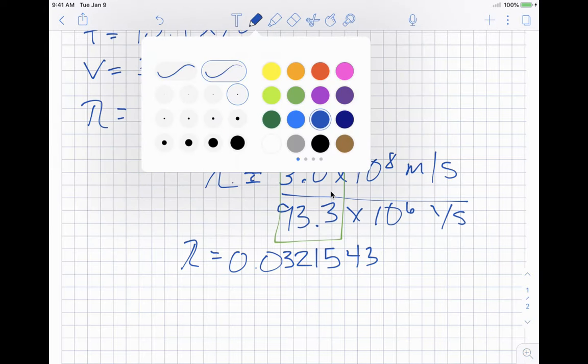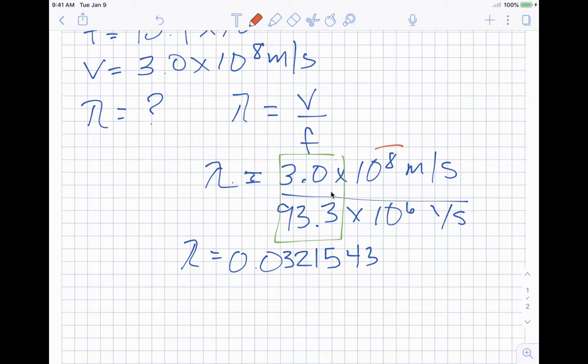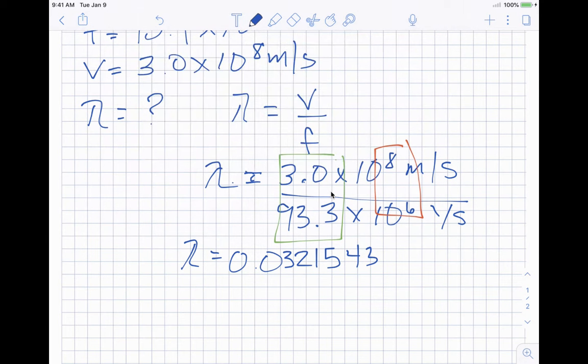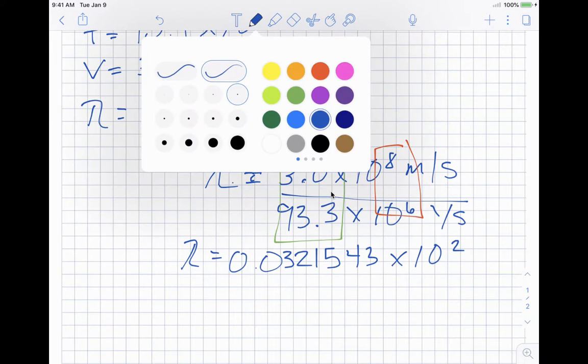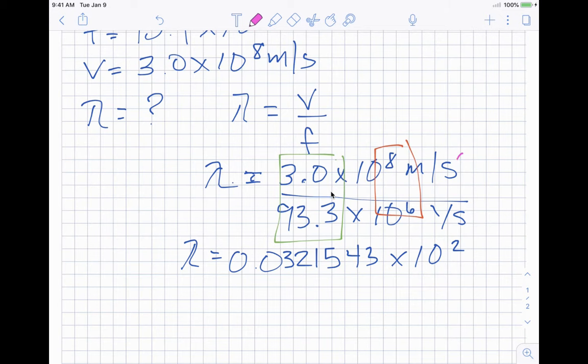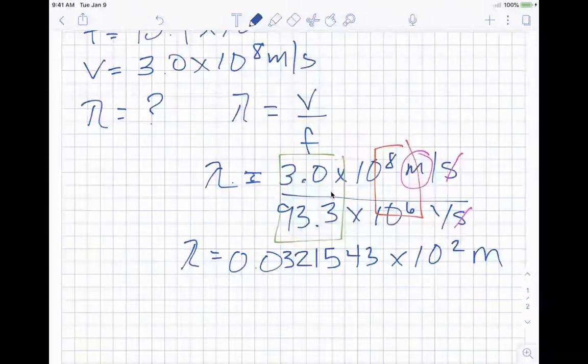Okay, so next step is I'm going to work with my exponents. So I subtract 8 minus 6, which gives me 2. So times 10 to the 2. And then my last step is to figure out my units. So remember, I get to cross cancel my seconds, and I'm left with my meters. So that's going to give me a unit of meters.